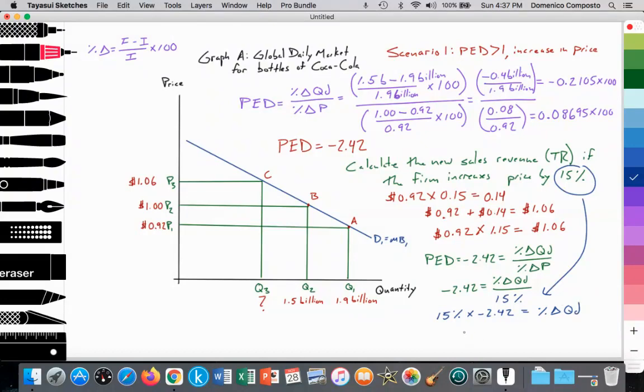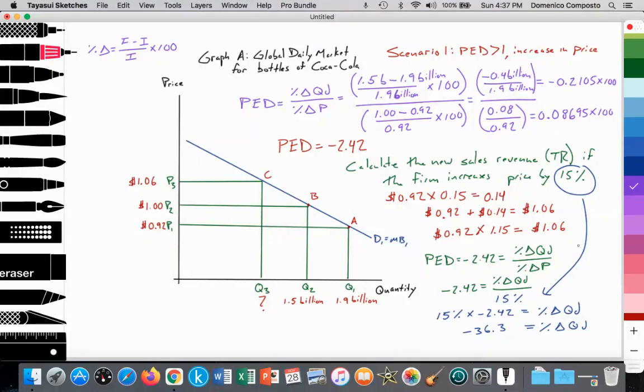That's going to work out to negative 36.3% as the fall in the quantity demanded. So we're almost there. Remember, we're starting at 92 cents with 1.9 billion. What is a 36.3% decrease of that value?